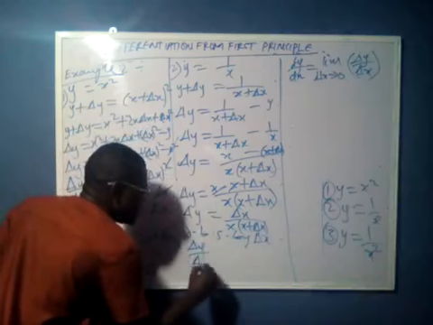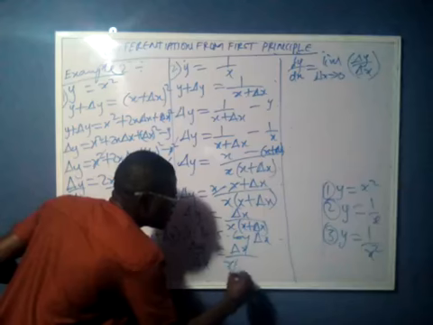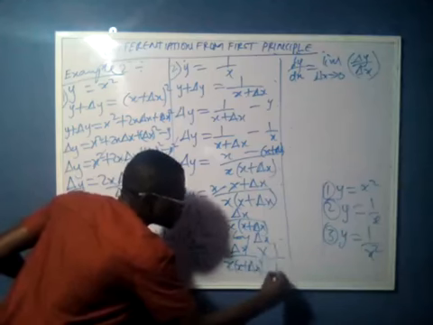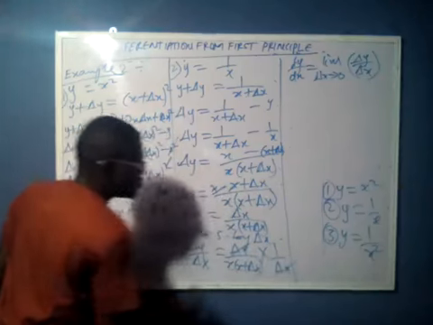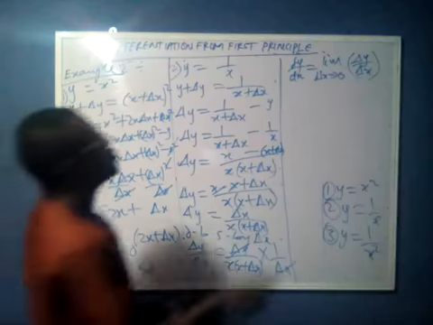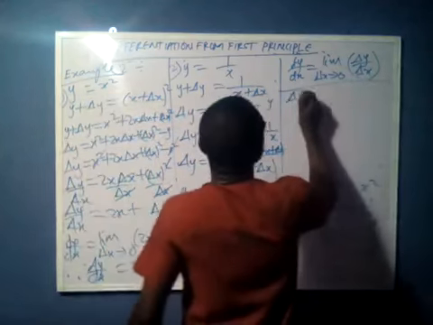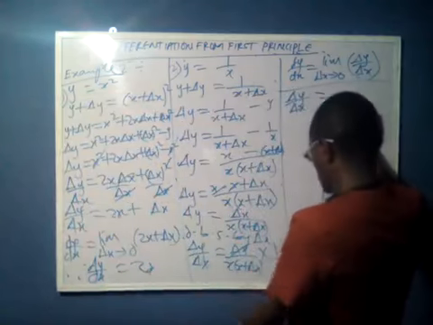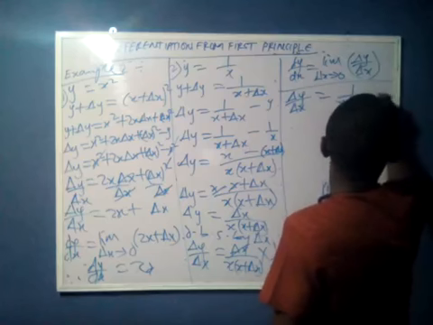Delta y over delta x equals delta x over x into x plus delta x multiplied by 1 over delta x. Okay, we are dividing both sides by delta x. So these cancel out. Alright. So that means we're going to have change in y over change in x to be 1 over x into x plus delta x.